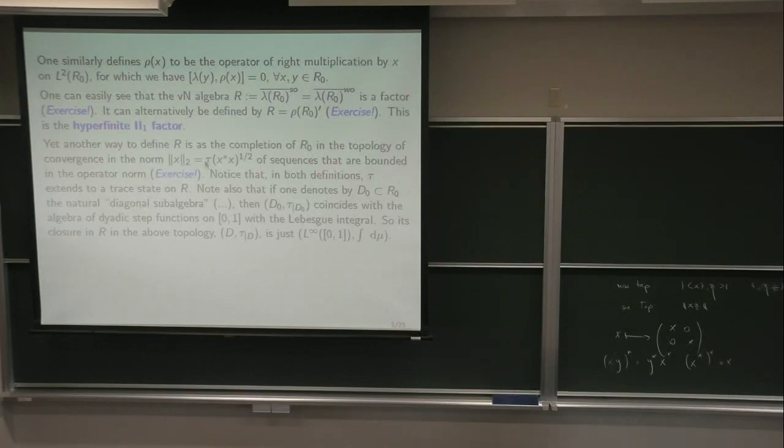It's like, you take the dyadic step functions on the probability space 0, 1, with jumps at k over 2 to the n, and that forms a star algebra, obviously.